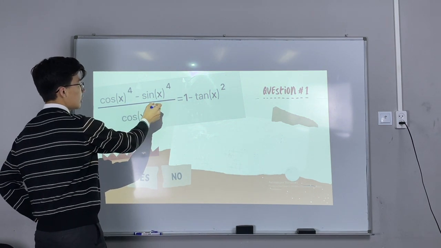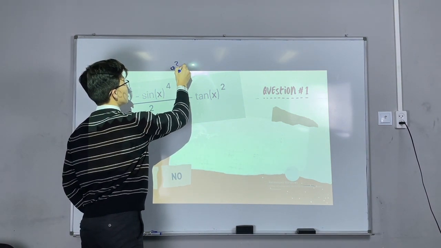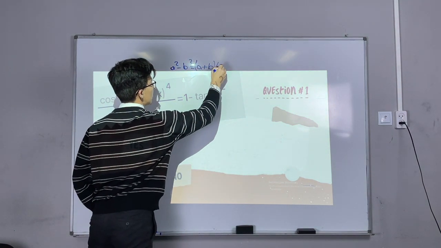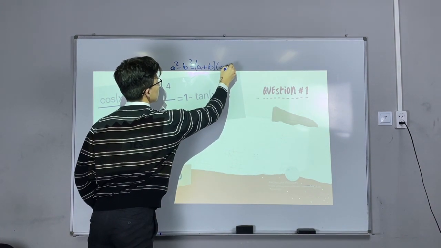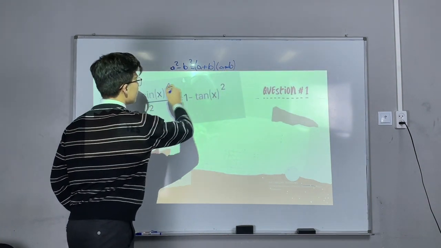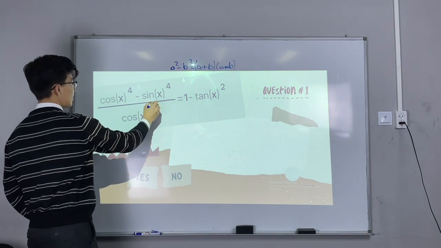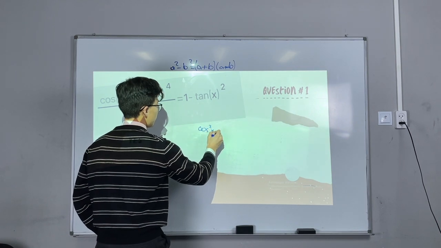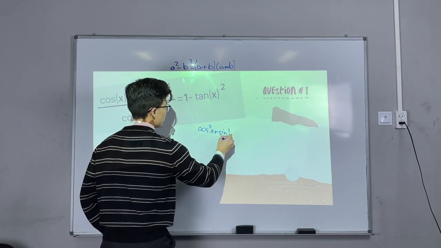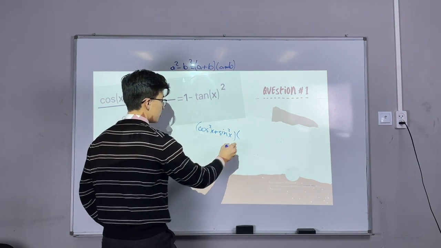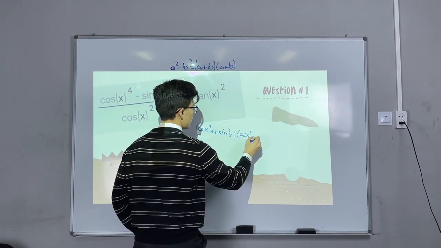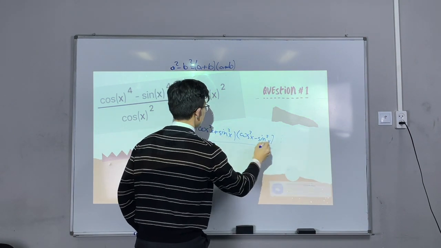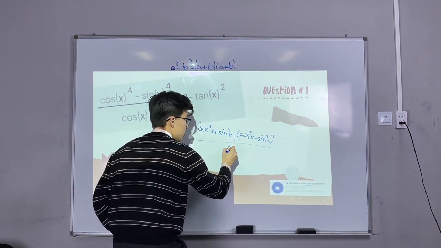Do you remember this kind of formula? By this formula we can rewrite this as cosine x squared plus sine x squared, times cosine x squared minus sine x squared, divided by cosine x squared.